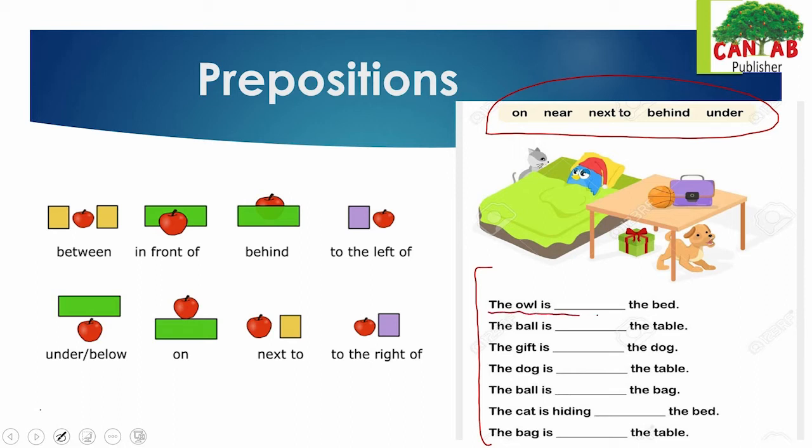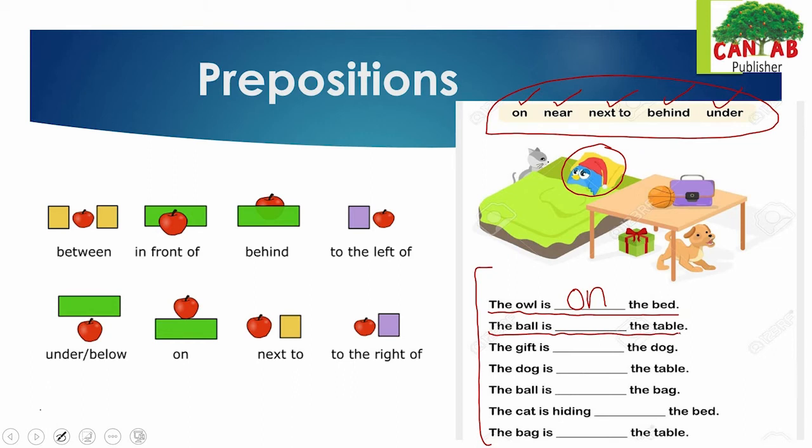Sometimes the same preposition can be repeated, so that is not a problem. The owl is dash the bed. Where is the owl? Is the owl on, near, next to, behind, or under? The owl is laying on the bed. The ball is dash the table.